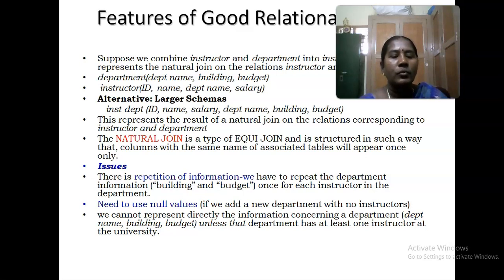We also need to use null values when we add a new department with no instructor. In this large schema, we can add a department name, building and budget and null values for ID, name and salary. So we cannot directly represent information concerning the department name, building and budget unless the department has at least one instructor at the university.